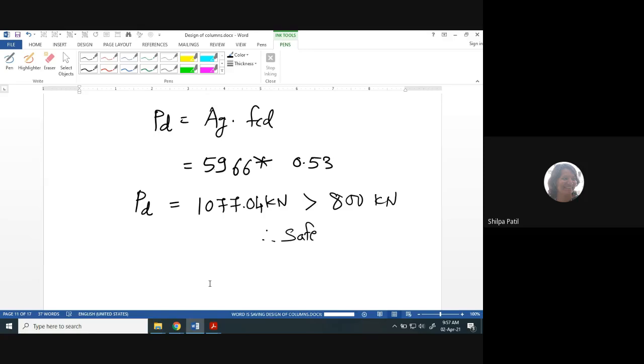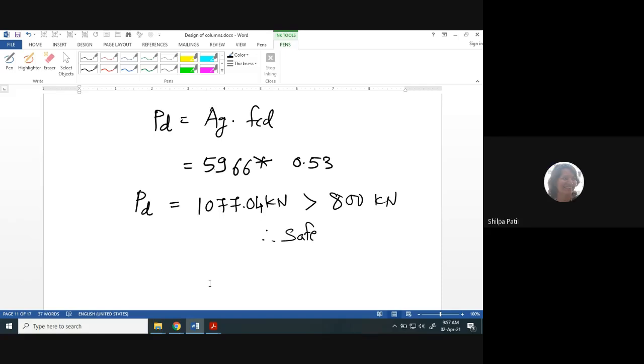So it is assumed as hinged and then the further analysis is done. So both ends hinged is normally chosen for industrial shed columns. So in your term work also, when you design the column, you consider the same criteria, both ends hinged, for the column, and then you design the column.